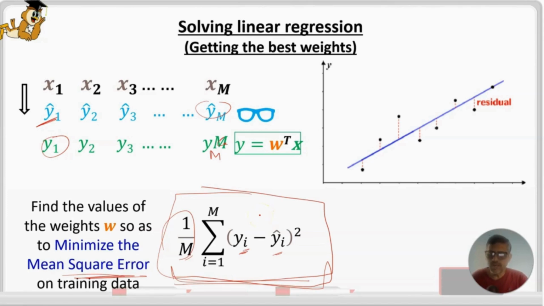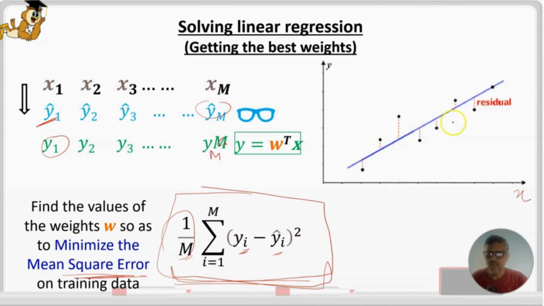Now, if you were to look at it in a diagram, what we are going to be doing is essentially this. I'm showing this to you in just 2 dimensions, where there is a single independent variable. Y is the dependent variable, and the black dots here are your observed values of y for each of these values of x.